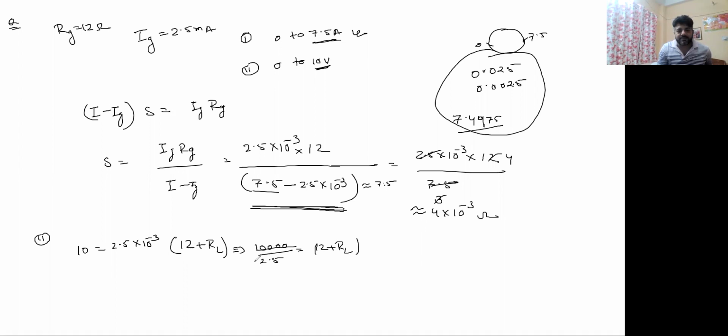So ये आराम से चला जाएगा 4000. So RL is 4000 minus 12, that is 3988 ohm. Clear? Yes, sir. अच्छा, इसके बाद देखो, one more question is there which is related to that.